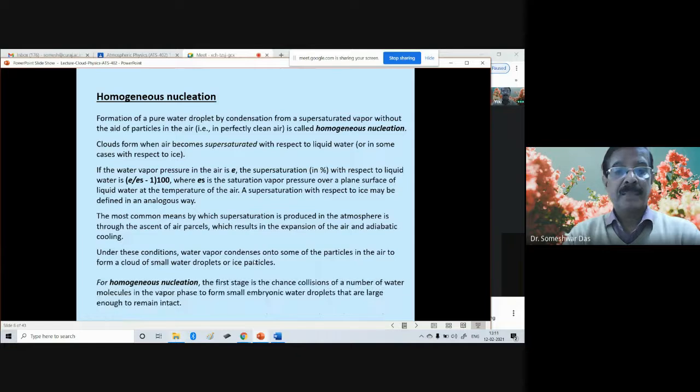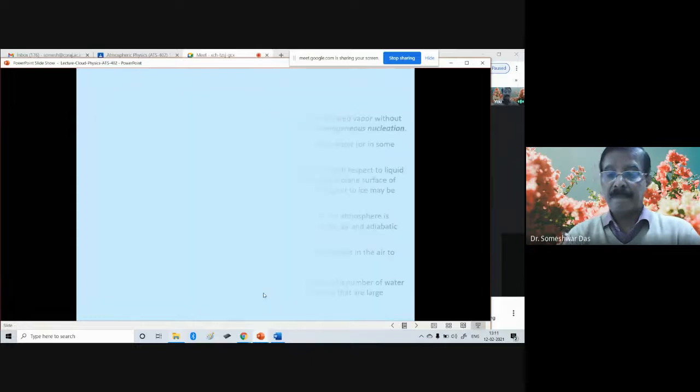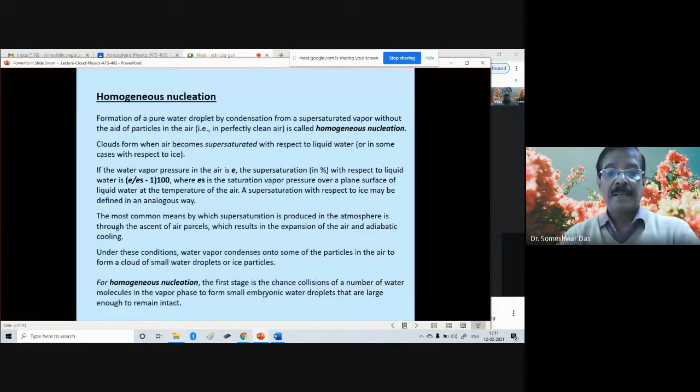For homogeneous nucleation, the first stage is the chance collision of a number of water molecules in the vapor phase to form small embryonic water droplets that are large enough to remain intact. The important thing here is that nucleation takes place on small embryonic water droplets.